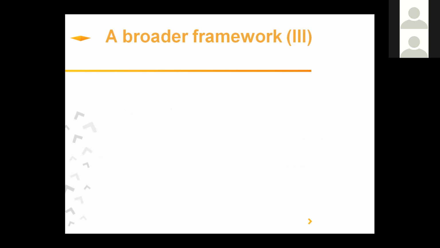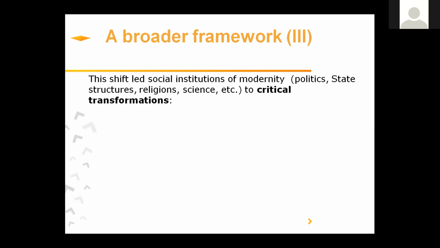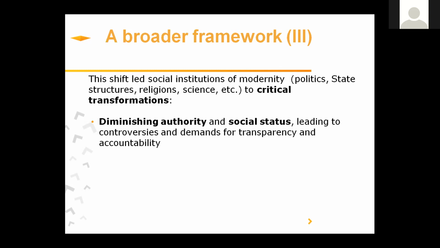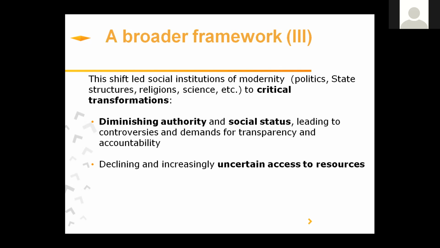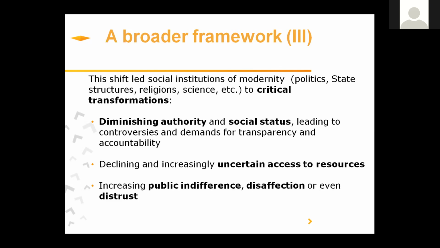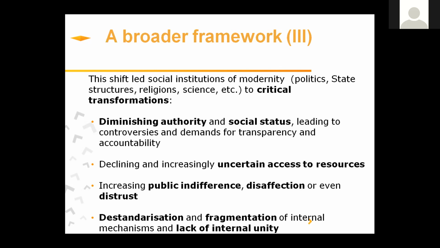So I arrive at science again, because this shift is leading social institutional modernity, science included, to face some critical transformations that we already notice in science: diminishing authority, decreasing social status, declining and increasingly uncertain access to resources, increasing public indifference, disaffection, distrust, destandardization and fragmentation of internal mechanisms of this social institution, the lack of internal unity.